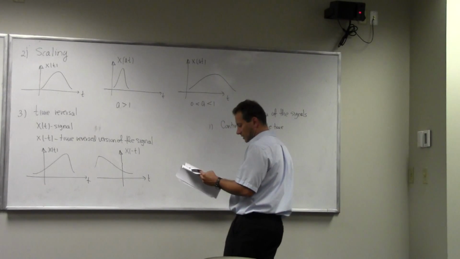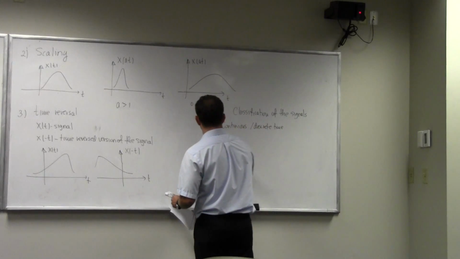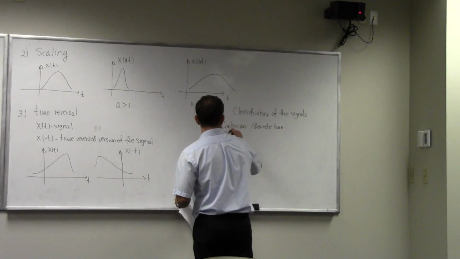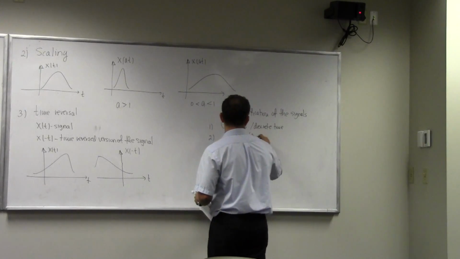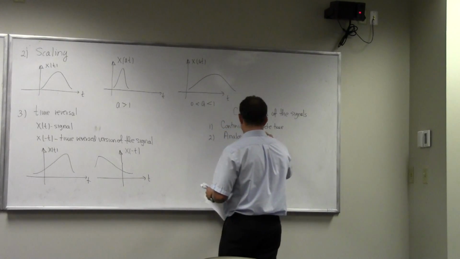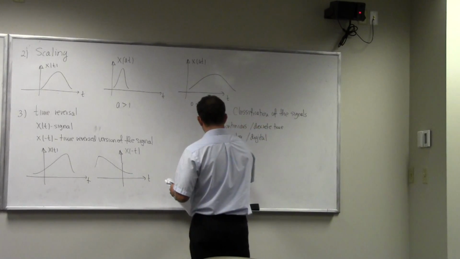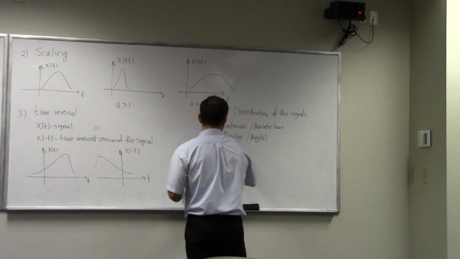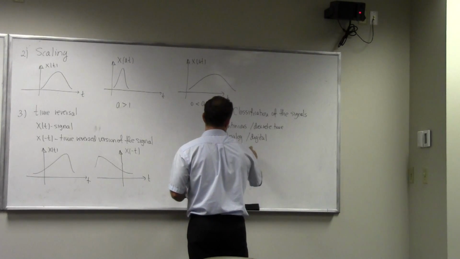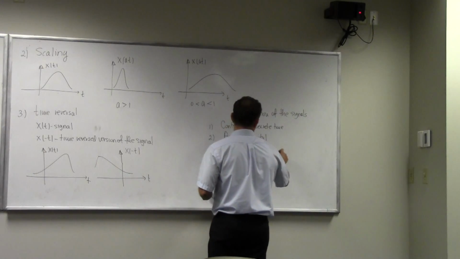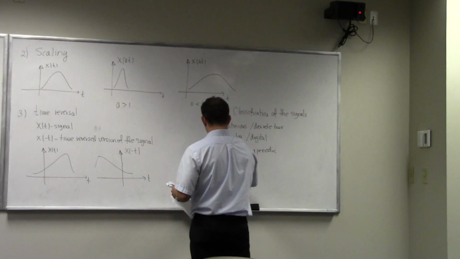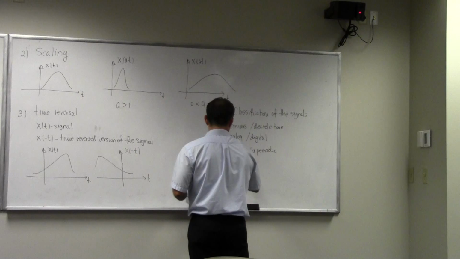So that's the first distinction that we can have between the signals. The second, they can be analog or digital. Third distinction, we can talk about periodic and aperiodic. We already kind of mentioned power and energy.